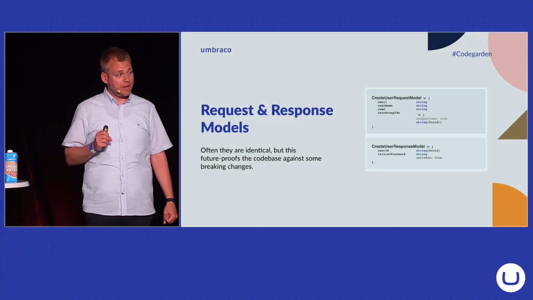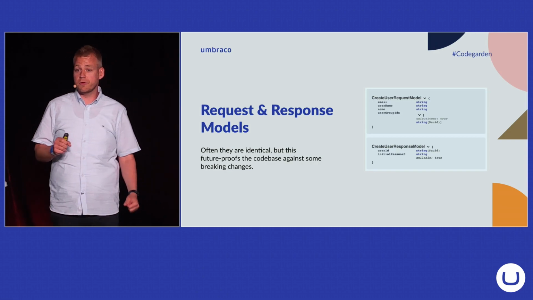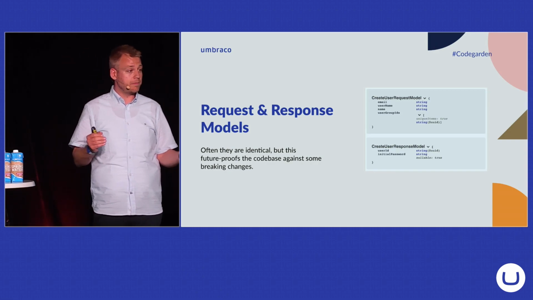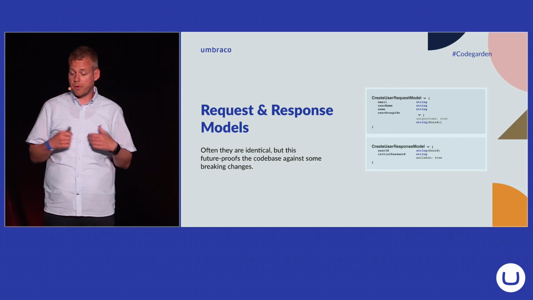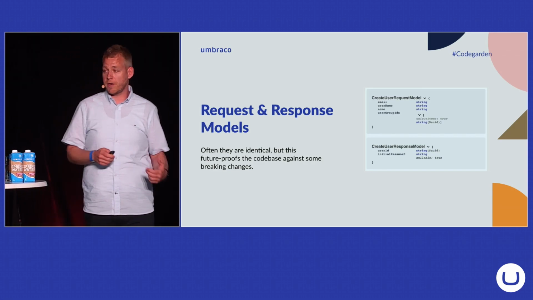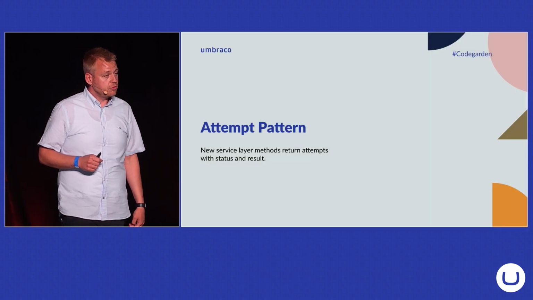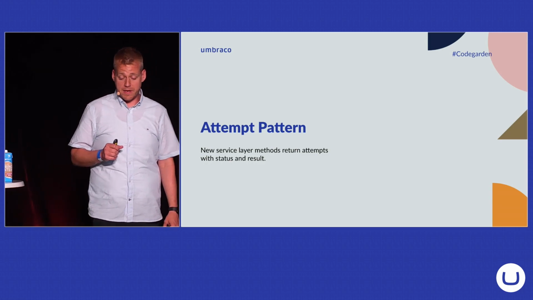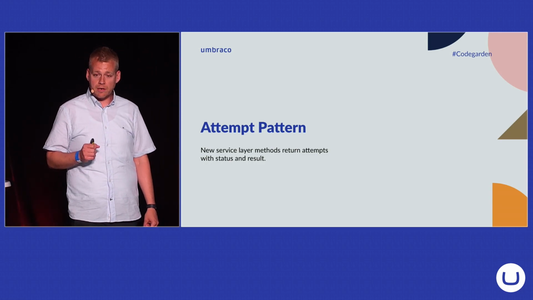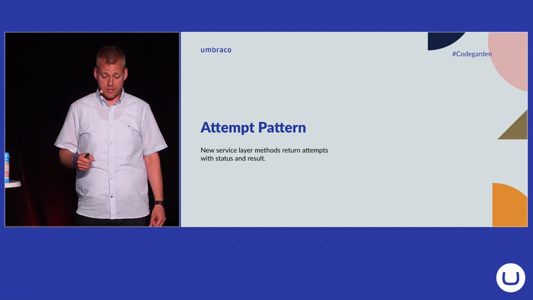We also decided to have explicit request and response models. This is mainly to avoid future breaking changes. So sometimes they will be completely equal, but this allows us to introduce new properties on the response without making breaking changes. We decided to use the attempt pattern that had been found in the Umbraco codebase for many, many years. So this allows us to return a status together with the result from the service.